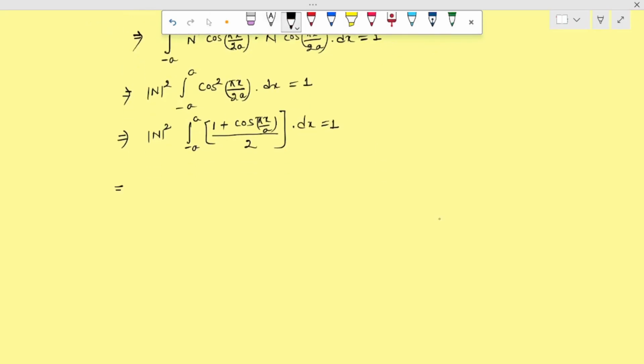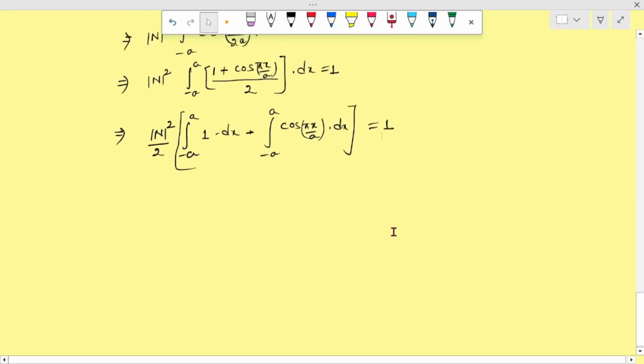That implies mod N square, here the 2 also can be taken outside of this integration. Minus a to a, 1 into dx, one integration, then plus minus a to a another integration, that is cos(pi x by a) dx equal to 1, right?